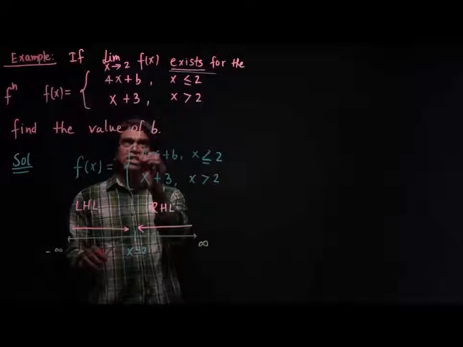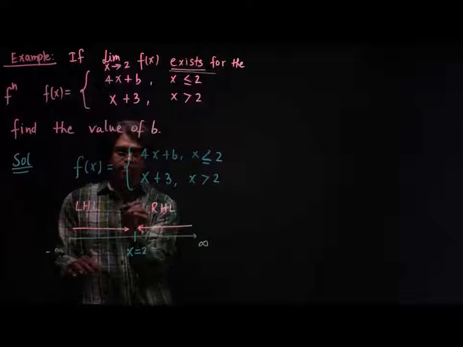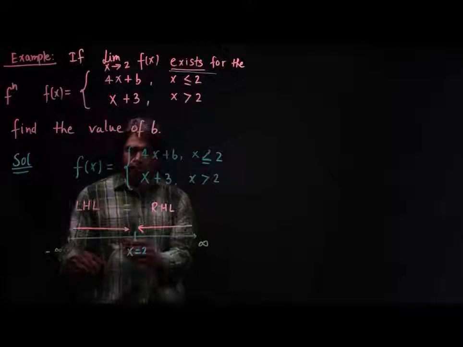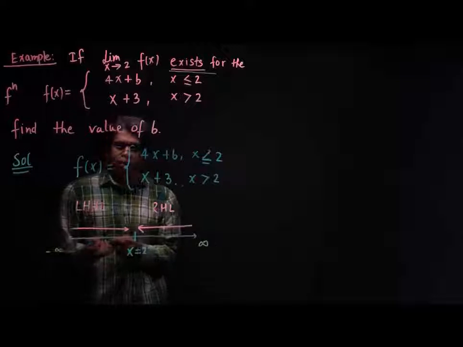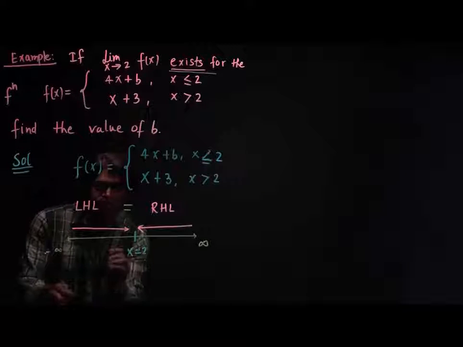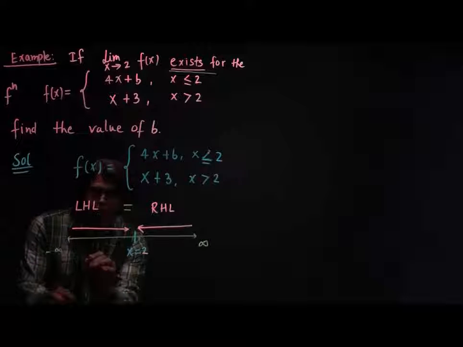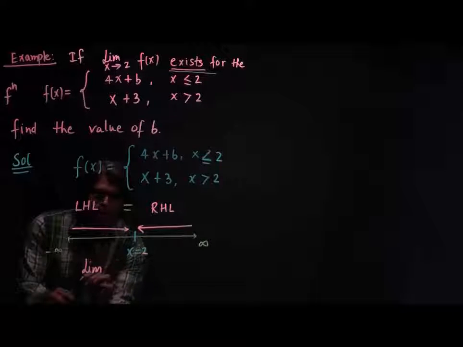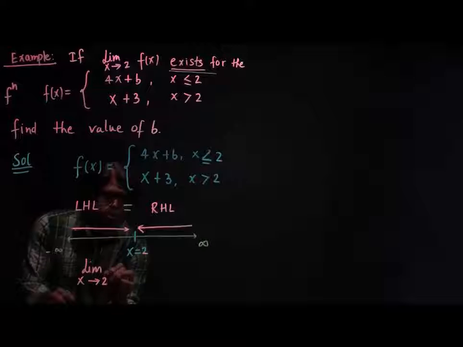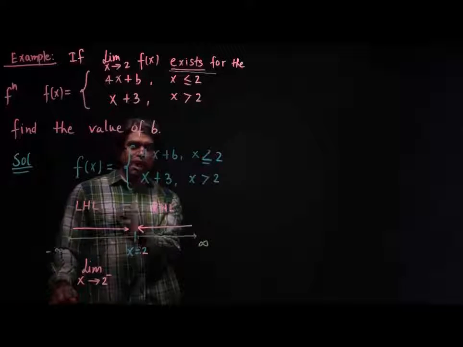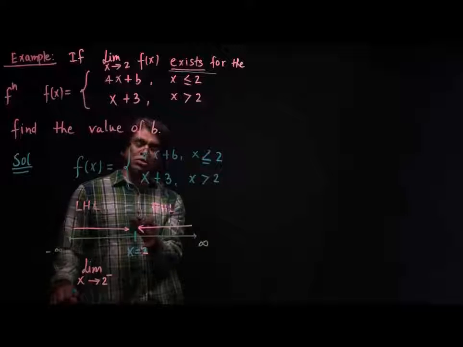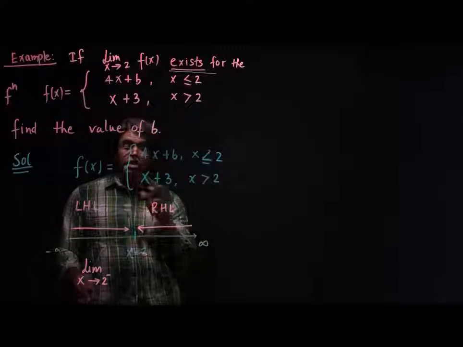The only way the limit exists is if the left hand limit is equal to the right hand limit. What does that mean? If I want to find the left hand limit at x equals 2, I should write limit x tends to 2 minus, because if I'm coming from the left side, x should always be less than 2.